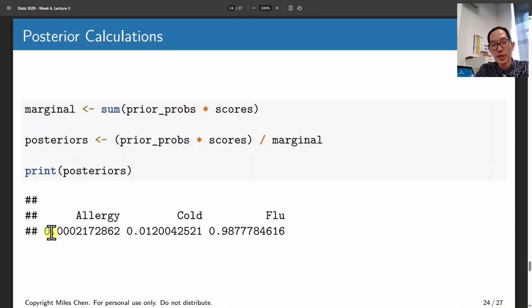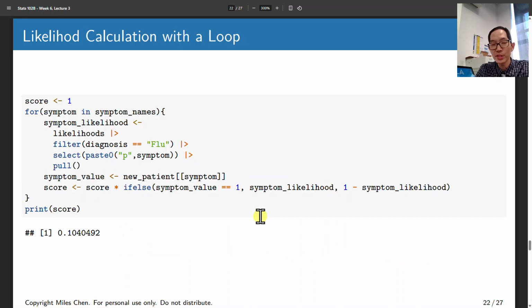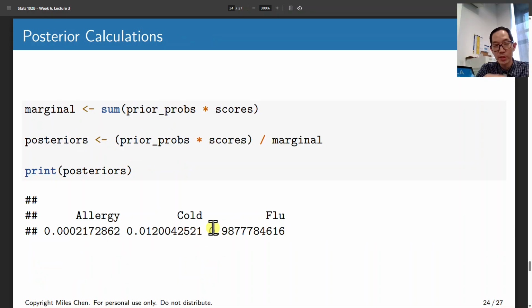Therefore, if these are the symptoms coming in, fever yes, cough yes, no congestion, no body aches, fatigue yes, no sneezing, we're going to say there's a 99% chance it's flu, maybe a 1% chance it's cold, and almost a 0% chance that this is allergies. So that's our posterior calculation.